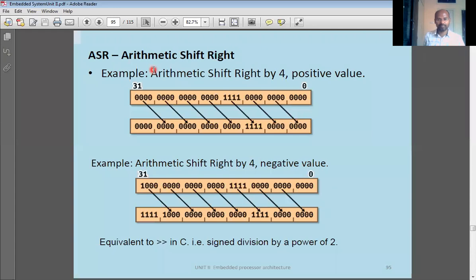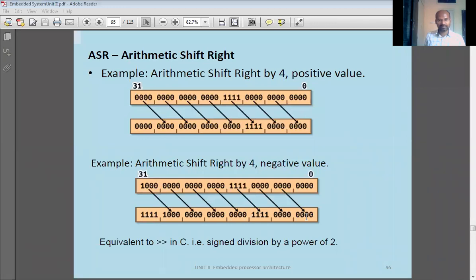signed numbers. Next, if it is negative, then what happens is, these LSB bits will be dropped and these 4 bits will come here as LSB bits and so on.